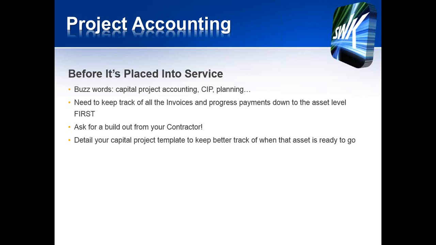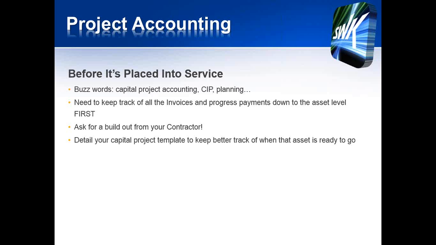So we really want to manage the assets and everything about them before they're placed in service. If you have a good CIP system, you can track it there. It'll all roll up, and then you just push it to depreciation. When it's done, it's one line item, and you're only managing one asset item to dispose of and so forth. Okay?